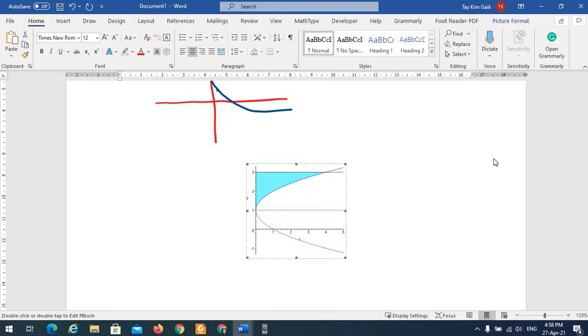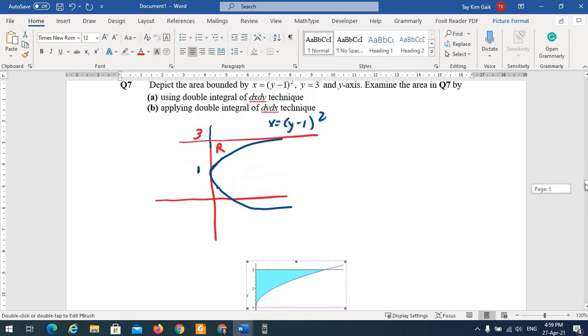So you see the vertex of the parabola. Initially, if you have x equals y squared, your parabola point is here. Now it moves up to y equals 1, and then bounded by y equals 3, bounded by the y-axis. So it's this blue region, the area for questions 1 to 5. So know the correct region.